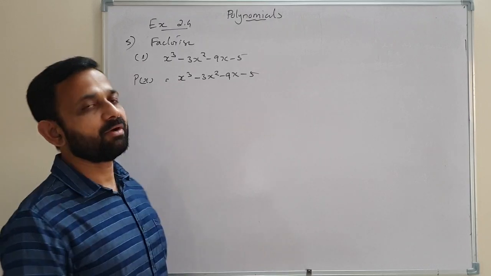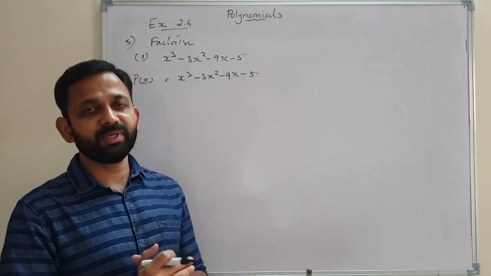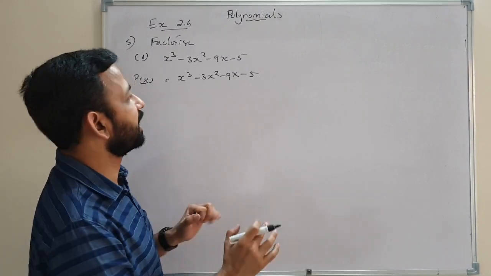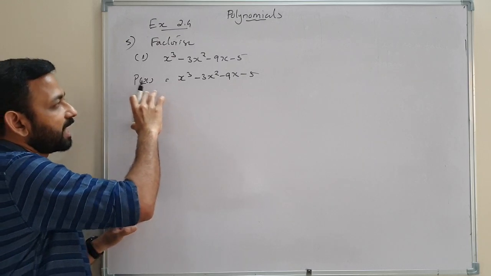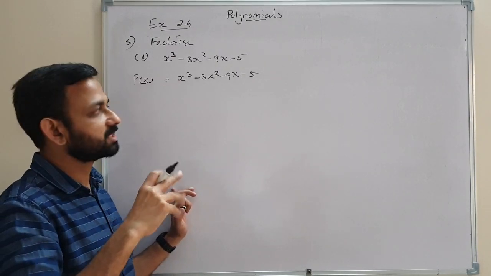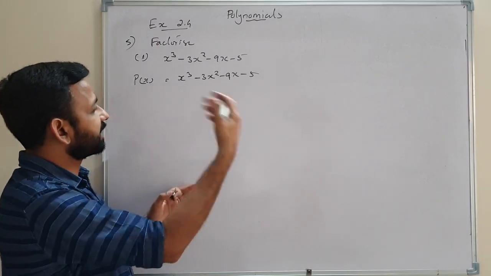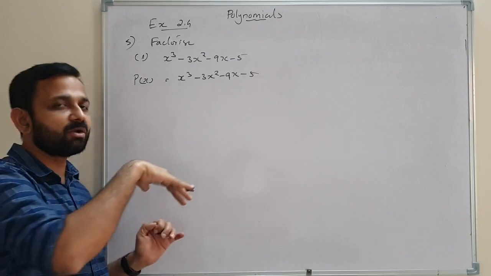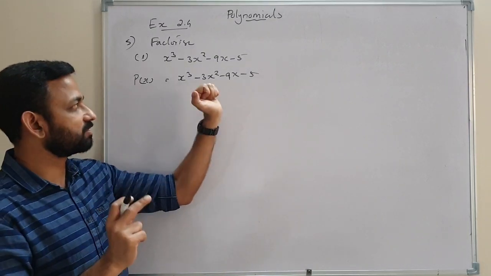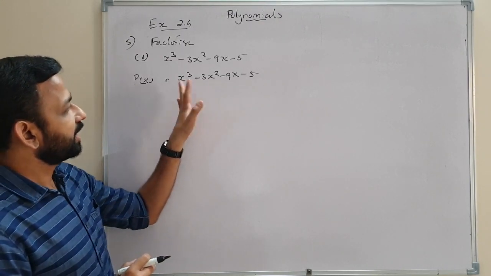Now we are going to find one of the factors of this polynomial, not remainder, by the trial and error method.